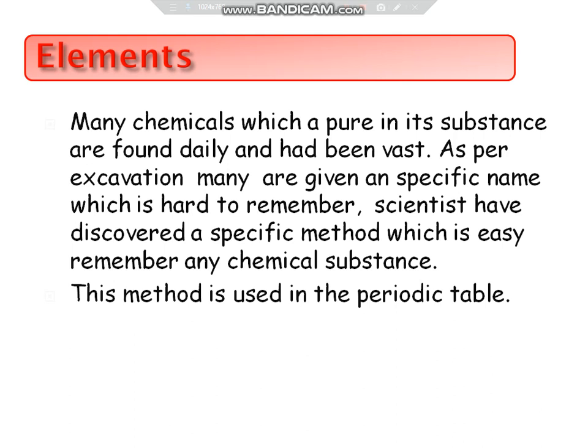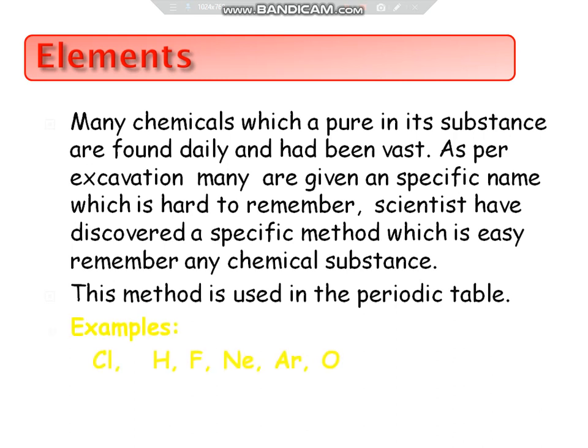There is one specific method that we use in the periodic table, so you could identify them easily. They have given 2-letter or 1-letter symbols, which you can understand easily. So let's again go to examples.